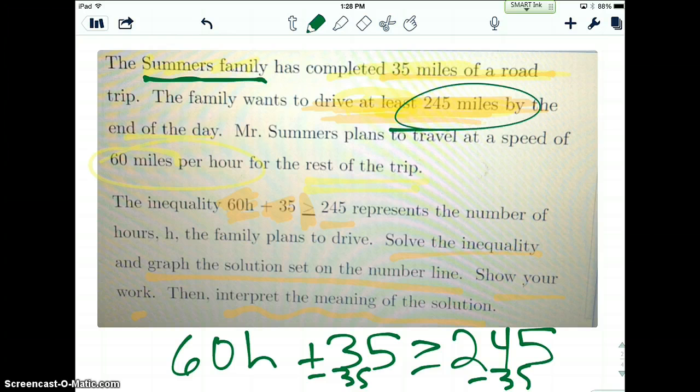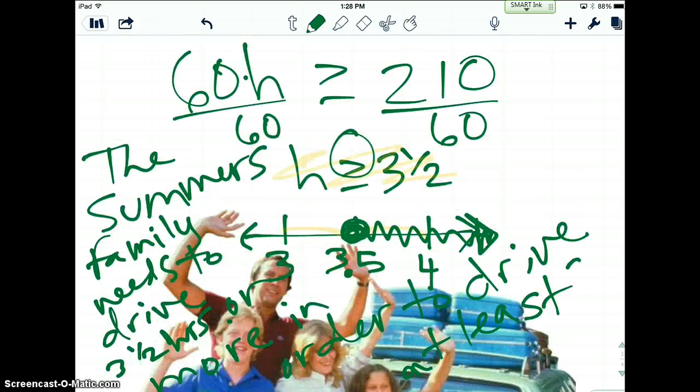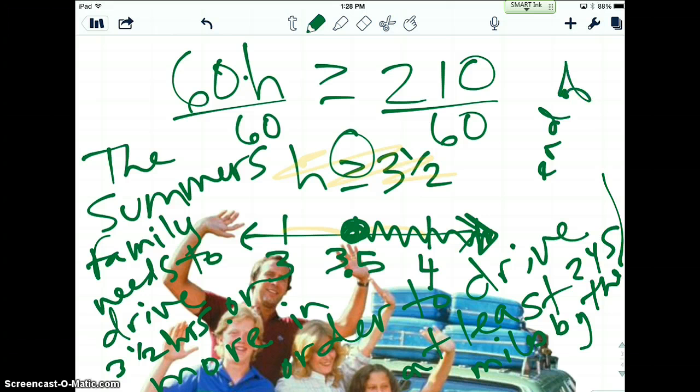At least 245 miles by the end of the day.